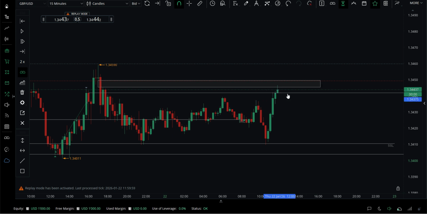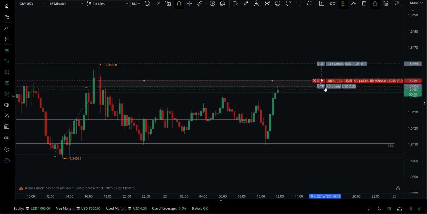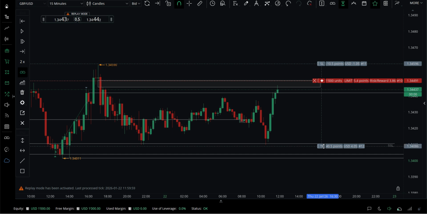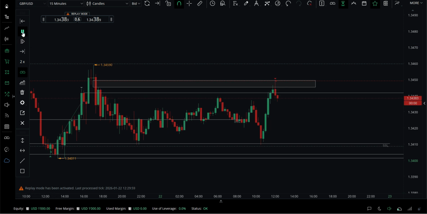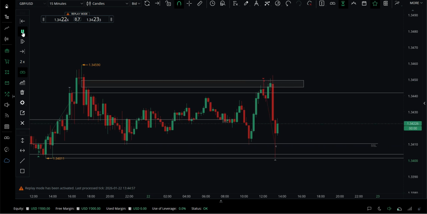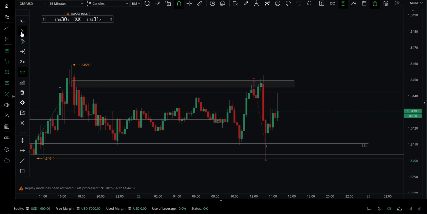And since we are moving from internal range, we would move to external range, that is right below this level here, which is giving us 40.5 pips. We will play this and see what price did. Okay, we've triggered now, and boom, our profit has been taken. So that was the outlook on Thursday.